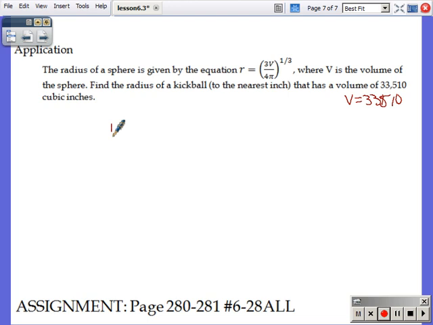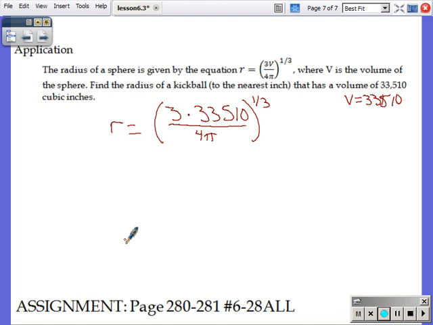So let's use our formula and plug in. So r equals 3v, but v is 33,510 divided by 4 pi raised to the 1/3.